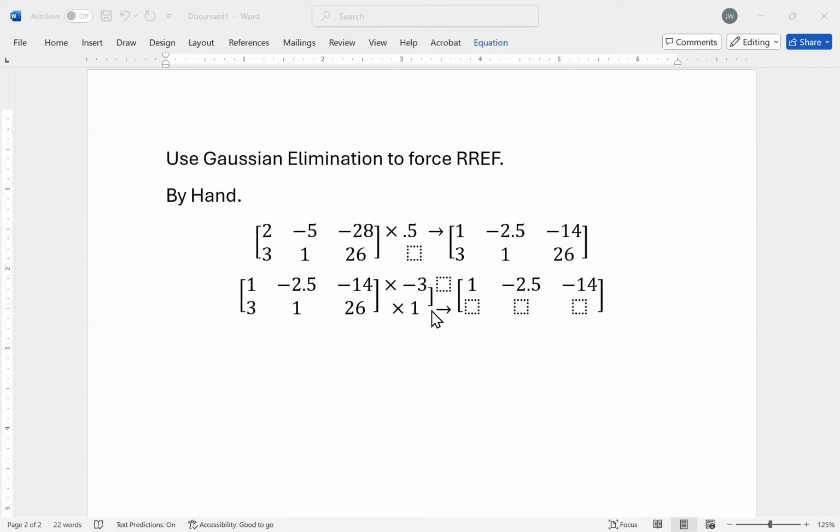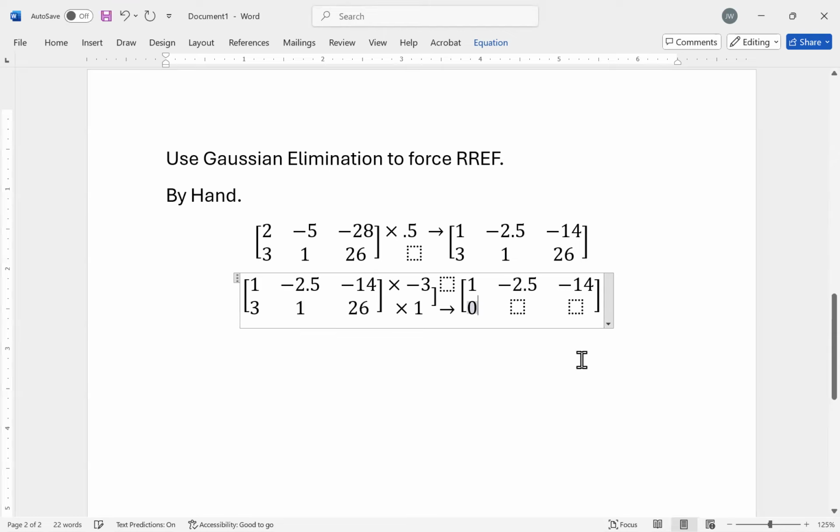And then I replace the second row with that summation. That's why the arrow is going into the second row and not the first row. There's nothing changing in the first row. The first row stays the same. In the second row, I get negative 3 times 1 plus 3 times 1, which is 0.